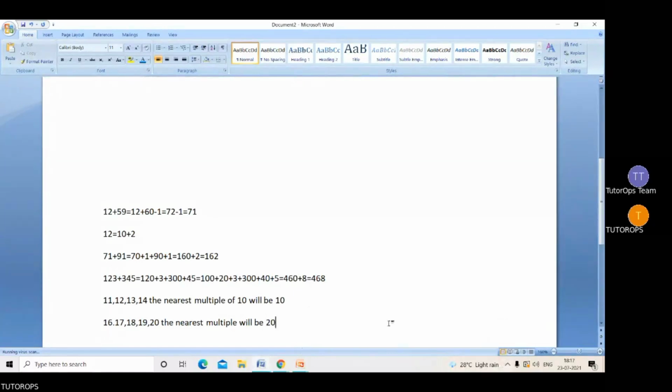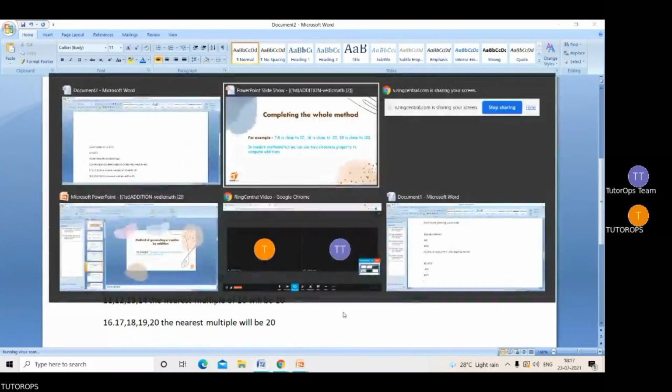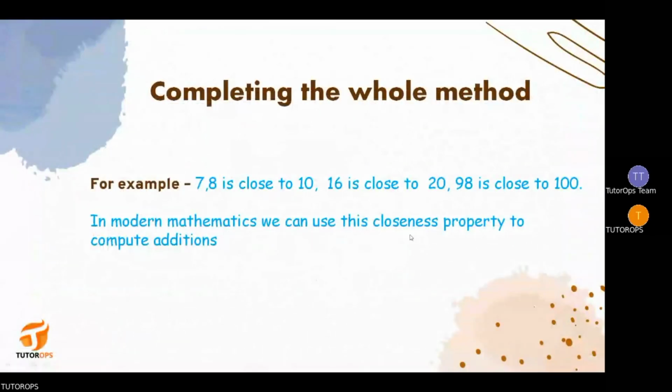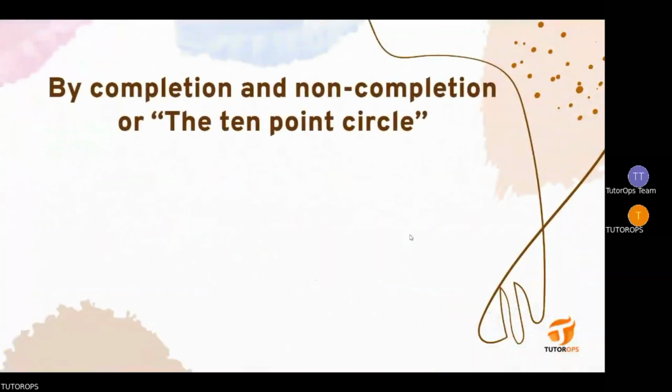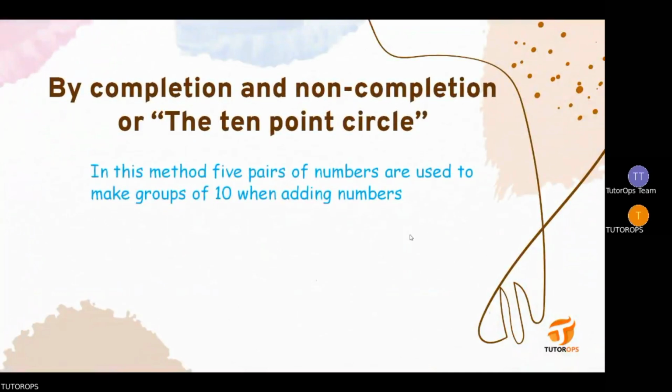Now, let me take another method, by completion or non-completion method, or the method is simply called the 10-point circle. Why the method is called 10-point circle, we will learn.